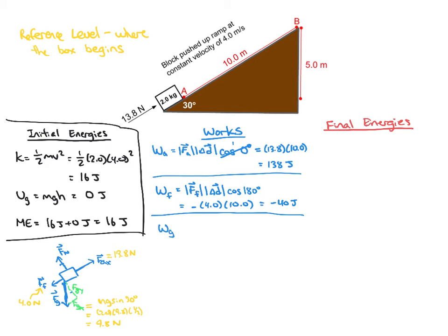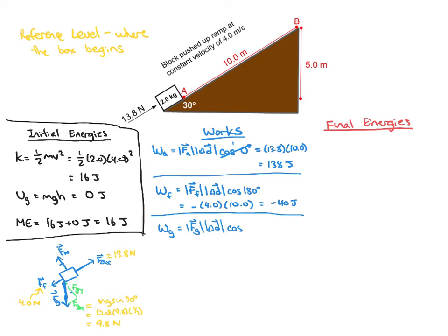Work done by gravity. So that'll be the force of gravity times the displacement times cosine of the angle between gravity and the displacement. This one's a little trickier. I'm going to go to the system diagram drawn at the top there.